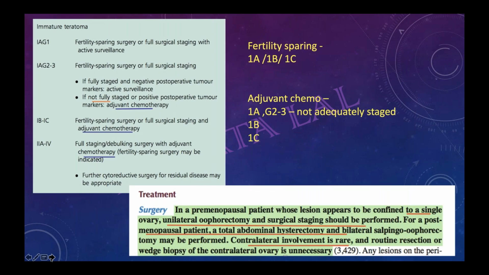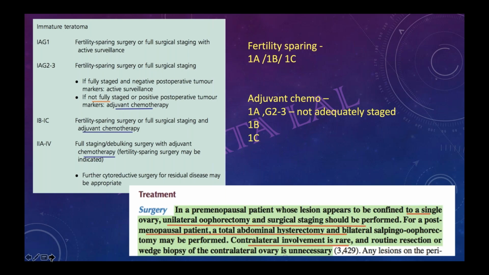Again, immature teratoma, what the talk says about the treatment part. Fertility sparing can be done for 1A, B, and C. Okay, 1A, B, and C. But if you think of chemo, then in 1A grade 2 and 3, and 1B and C, adjuvant chemo has to be given, because the malignant potential of the immature tumor is high.